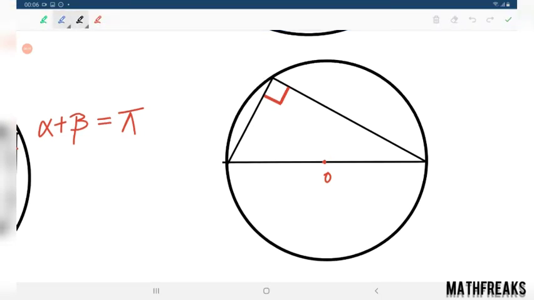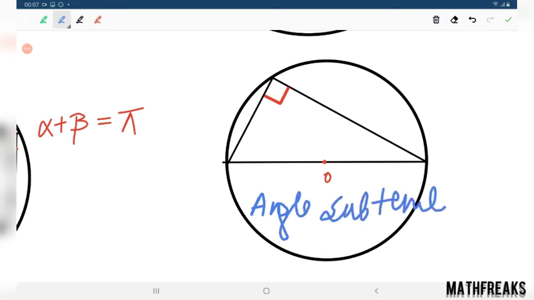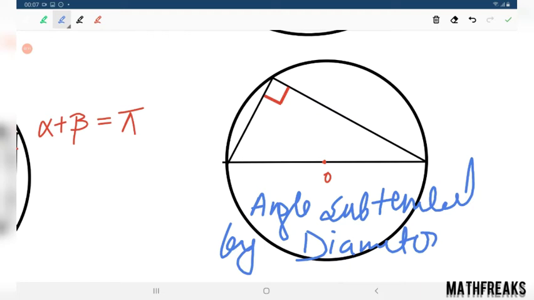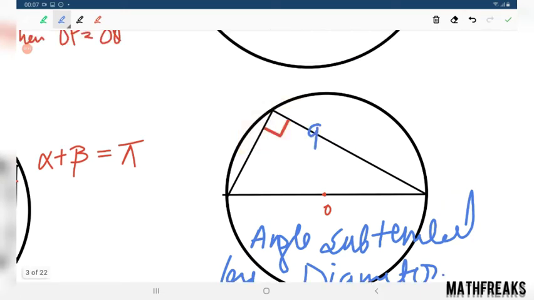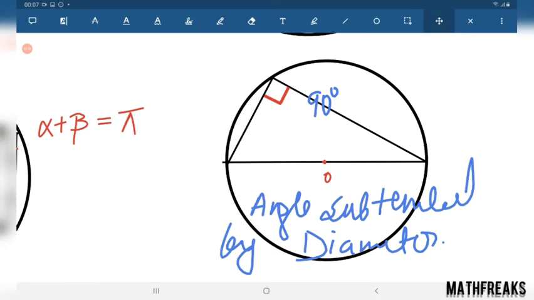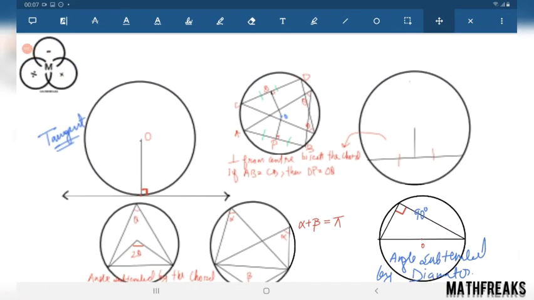Another point to be noted is that this is the diameter. The angle subtended by the diameter is always equal to 90 degrees, at any point, any segment.